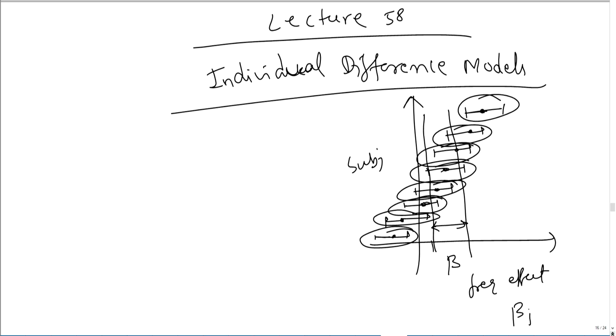Okay, so consider this. Let's say you want to predict the effect of frequency on a word recognition task, or any behavior on a task. Now there are two ways around this. You build an average population level model and you predict the average behavior of the sample.